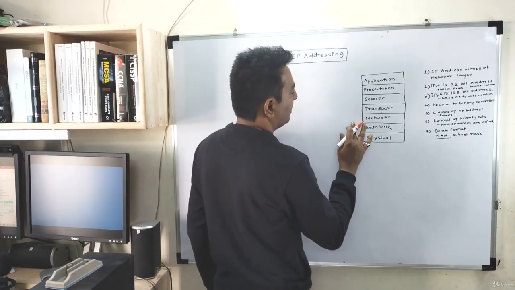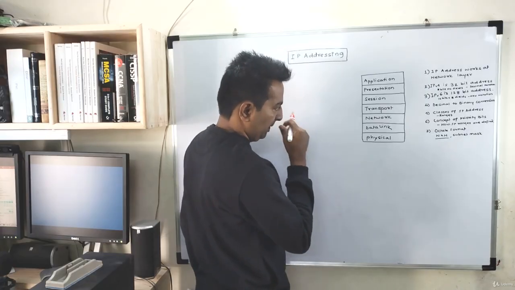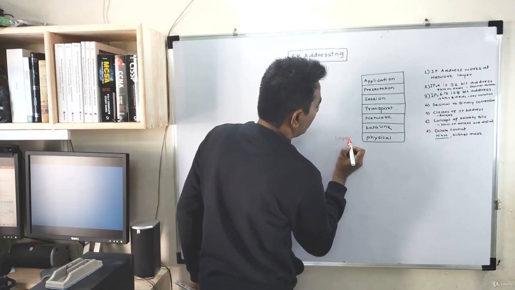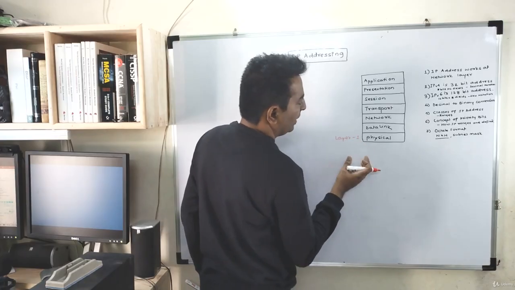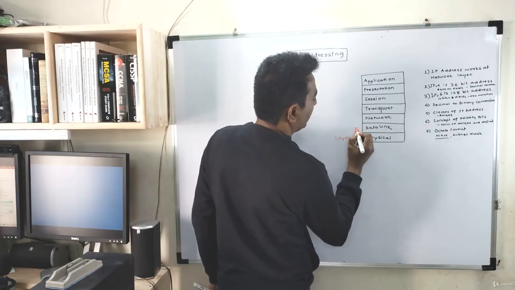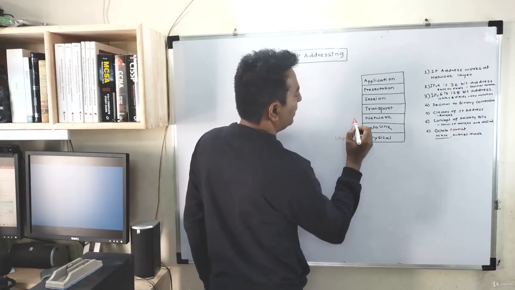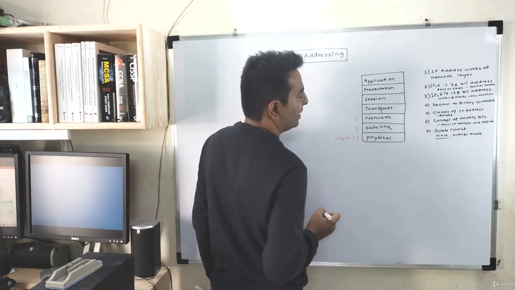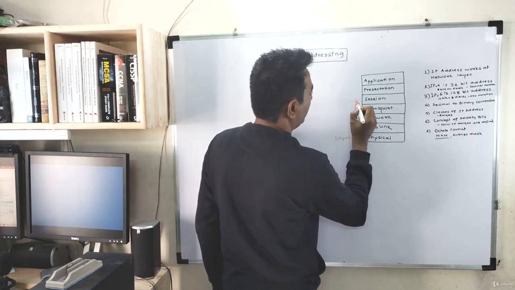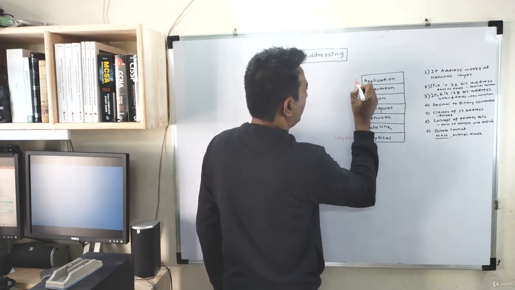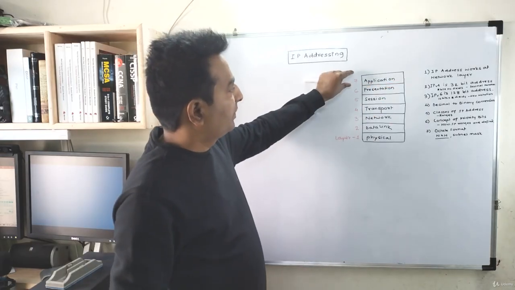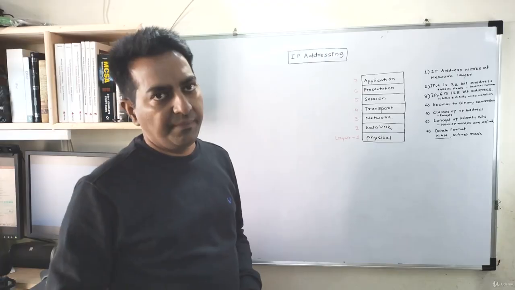So if I have to give the numbering to these layers, the physical layer is layer 1, then the data link layer comes at layer 2, then the network layer is layer 3, and so on. The application layer in the OSI model works at layer 7.